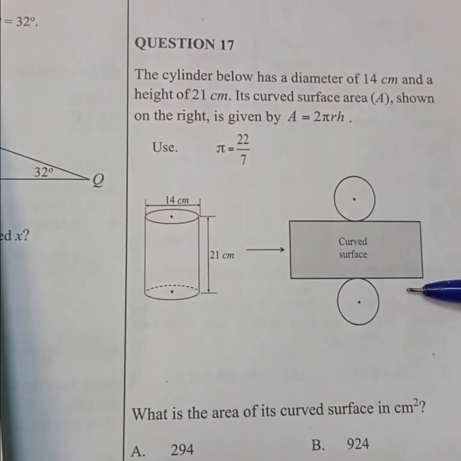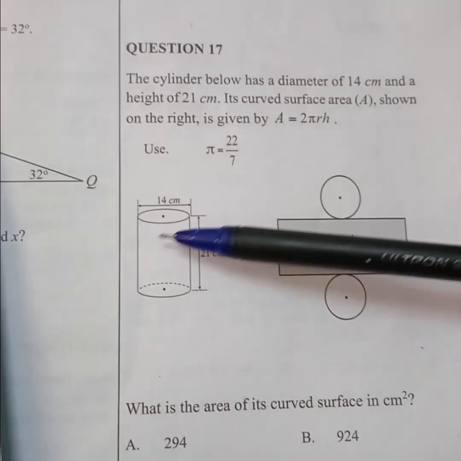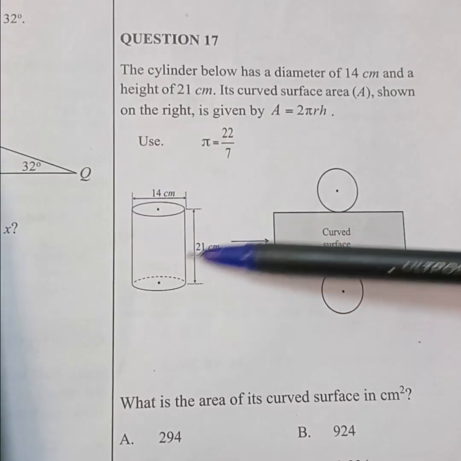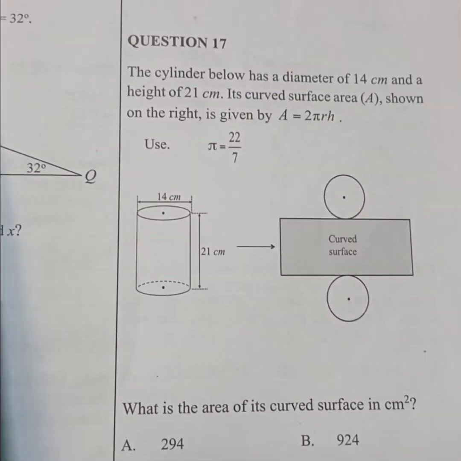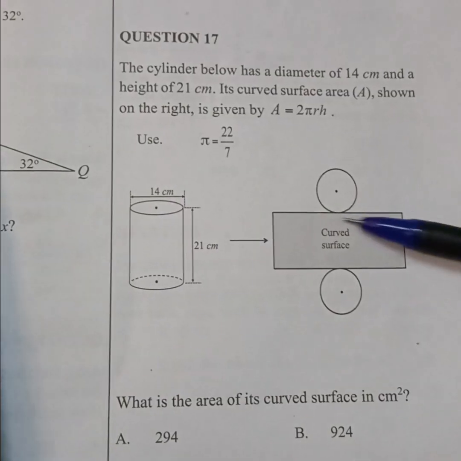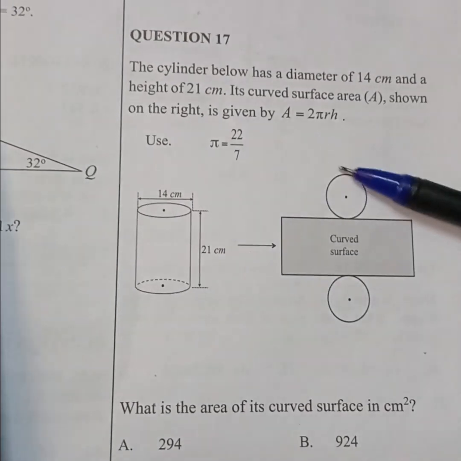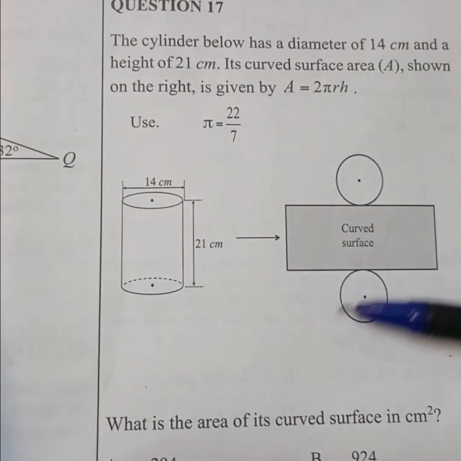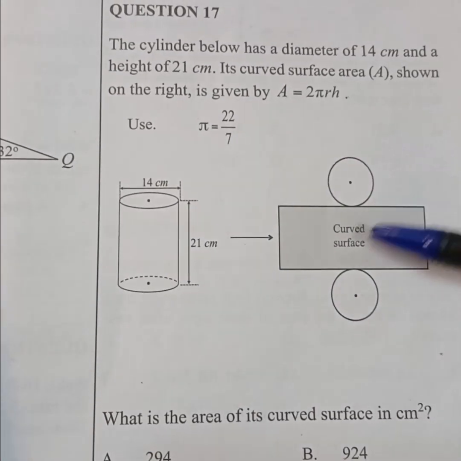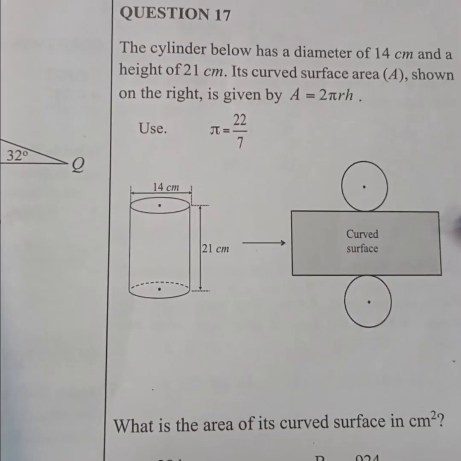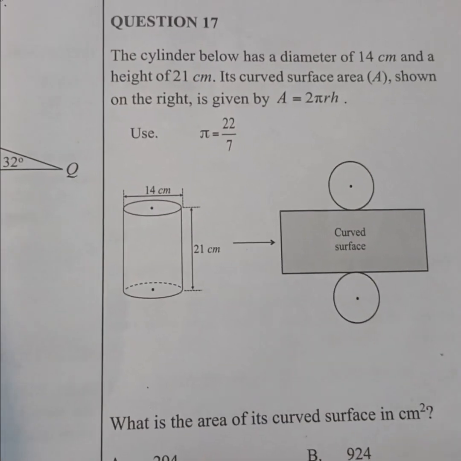This is the curved surface, which is flattened out and looks like a rectangle. And this is the net of the full cylinder. If you open it up and flatten it out, you have a rectangle connected to two circles.